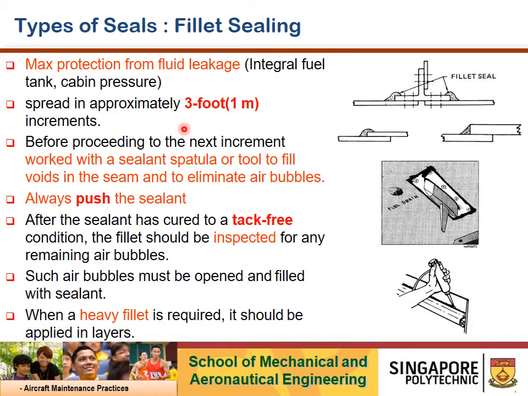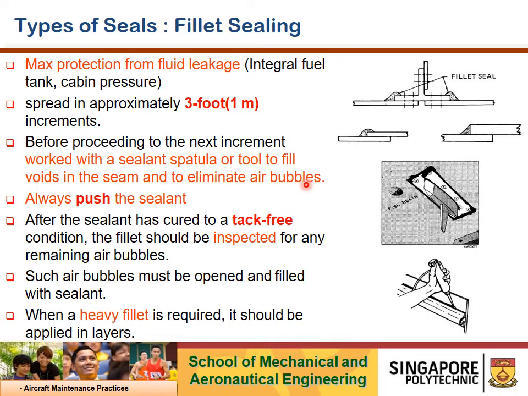Types of seals. Fillet sealing as shown here. It gives maximum protection from fluid leakage, especially from integral fuel tank and cabin pressure. So spread in approximately 3 foot, 1 meter increments. Alright. Before proceeding to the next increment, work with the sealant spatula or tool to fill the voids in the seam and eliminate air bubbles.